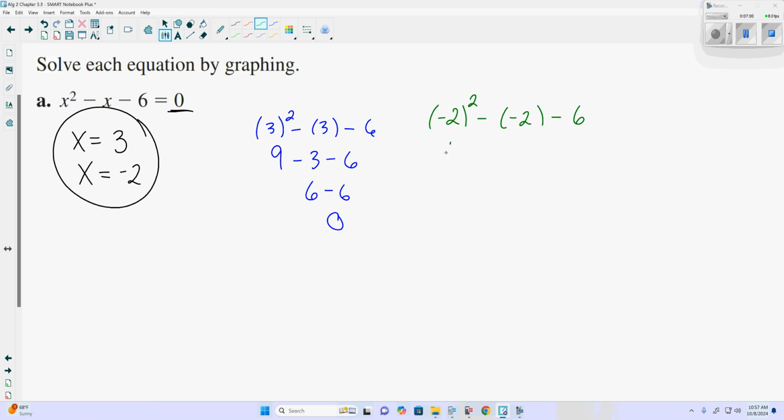Well, -2 squared is 4. Minus -2 is plus 2. 4 plus 2 is 6. And 6 minus 6 is 0. All we're doing here is checking to make sure that these values of x do indeed give us a value of 0 when plugged in. Questions on how we found our solutions of -2 and 3? We feel good with this?